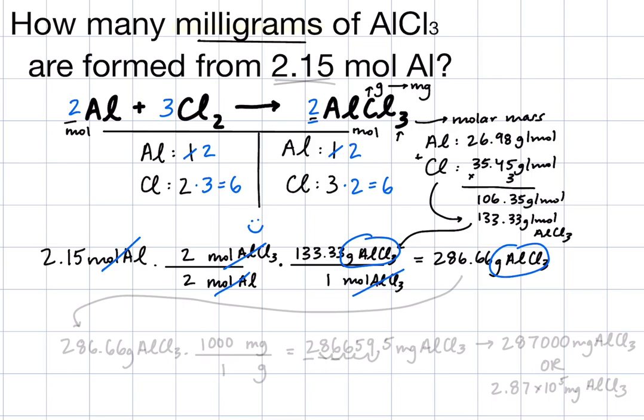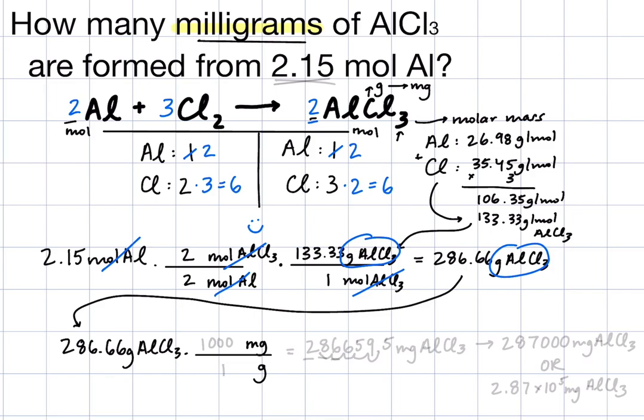But we see in the question that we need to remember to convert from grams to milligrams. So that's our next step. So we've got our 286.66 grams of aluminum chloride, and we have to do a unit conversion from grams to milligrams.